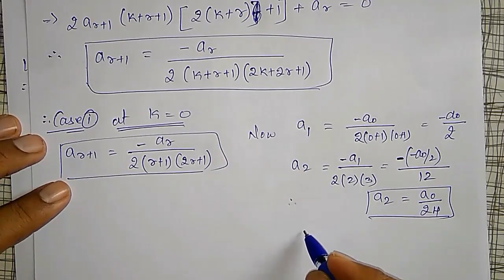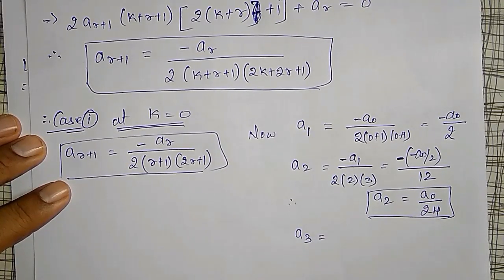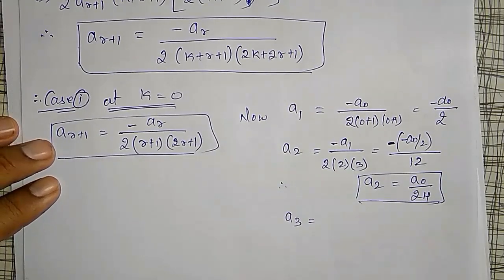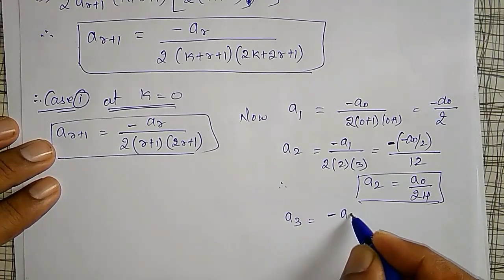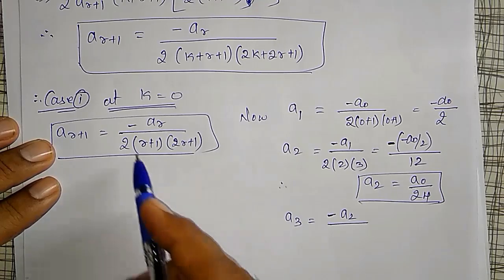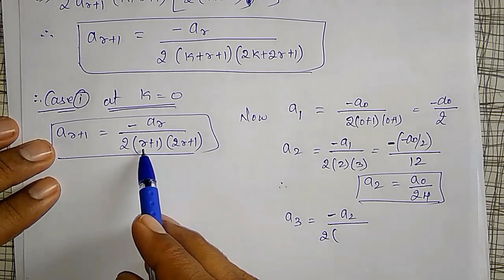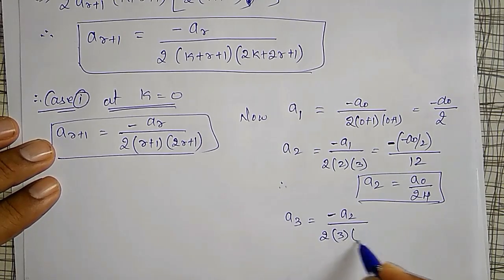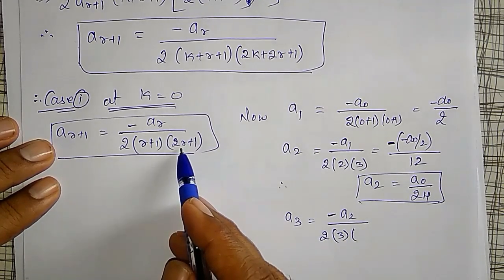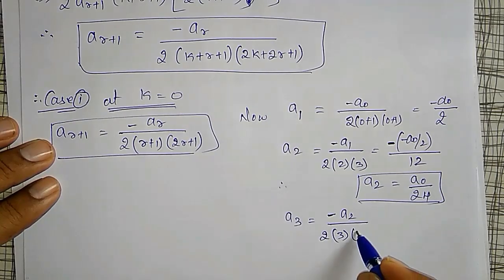Like that, to find a3, minus a2 divided by 2 into 3, then 2 into 2 plus 1, 5.